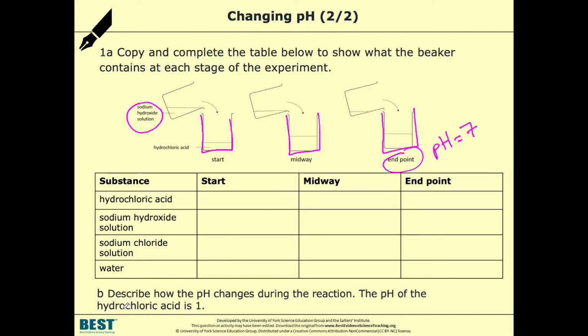So they've told us that the pH of hydrochloric acid is 1, and so I'd like you to state what the pH would be at the end point and how it changes during that reaction. So increasing or decreasing. Don't need you to specify a pH at the midway point because that is going to vary between those 2 pHs. So pause the video whilst you have a go at this.